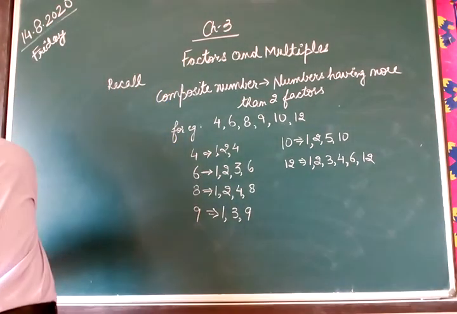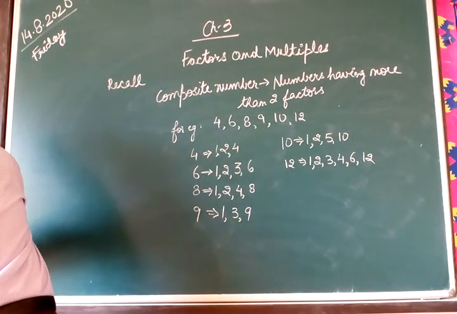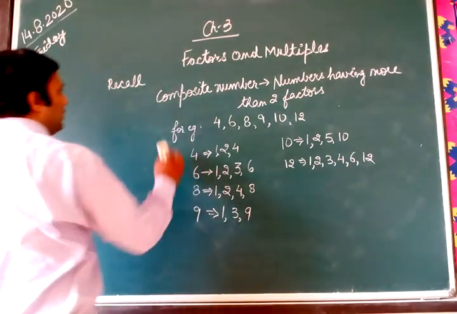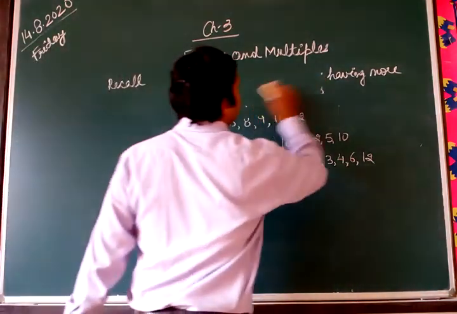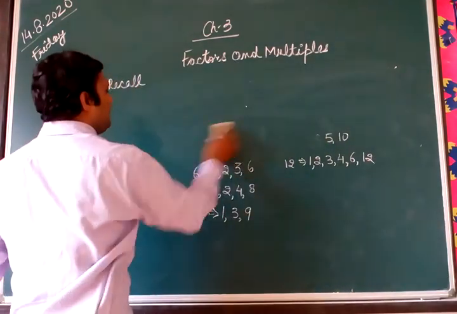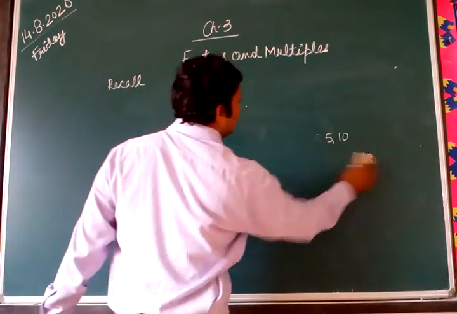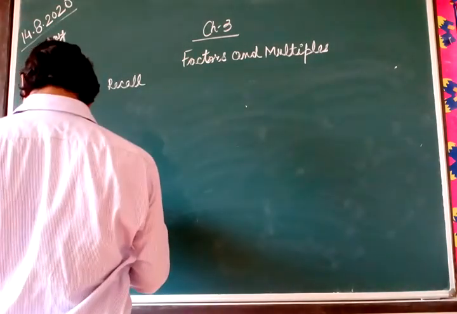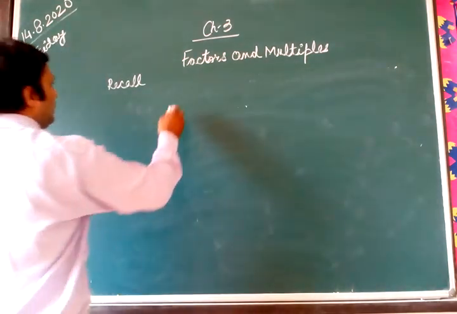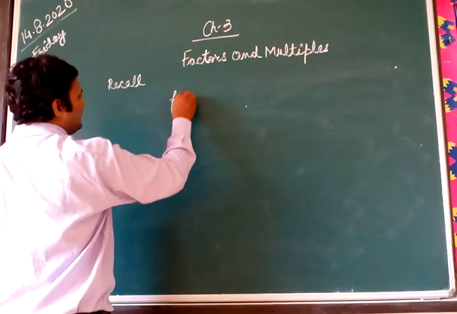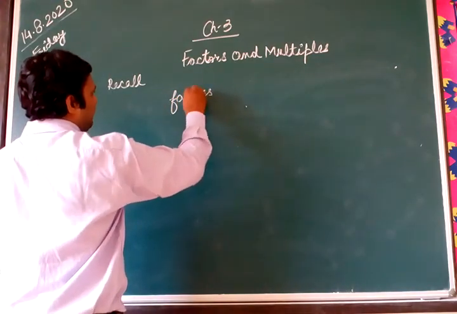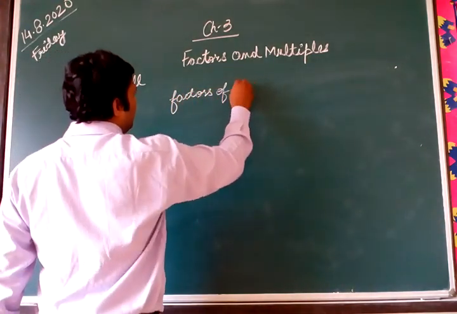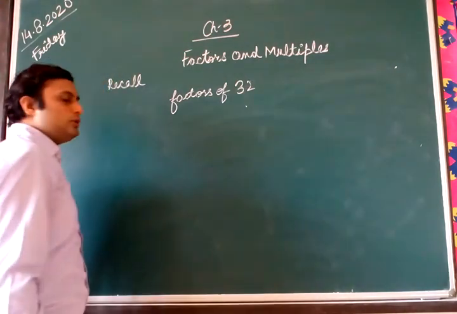Now we are doing some questions of the recall exercise which is given in your book. The question is to find the factors of 32.